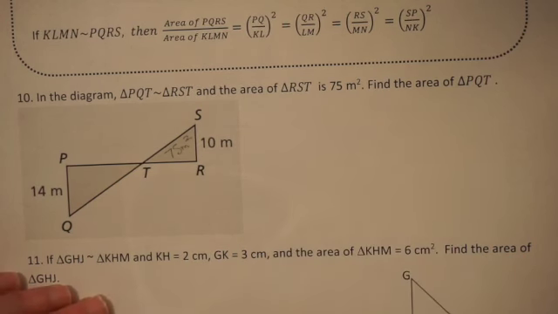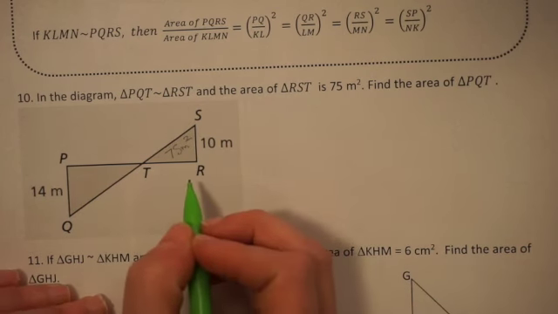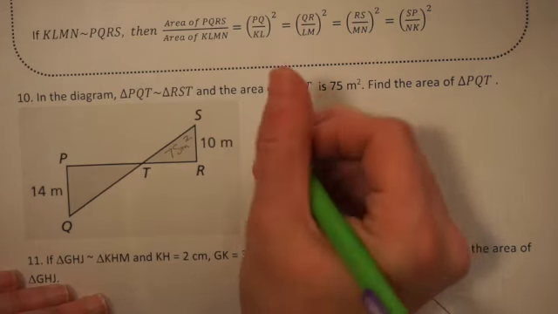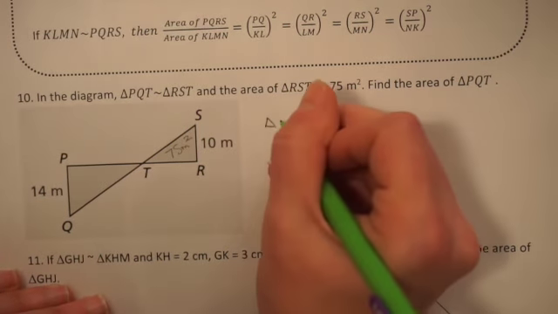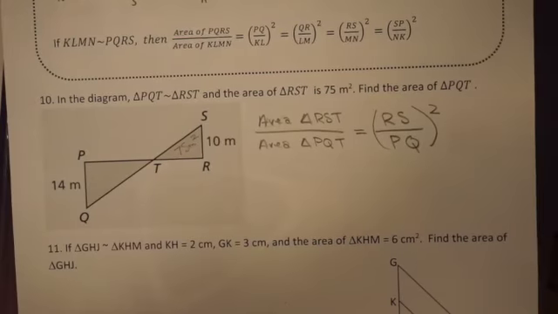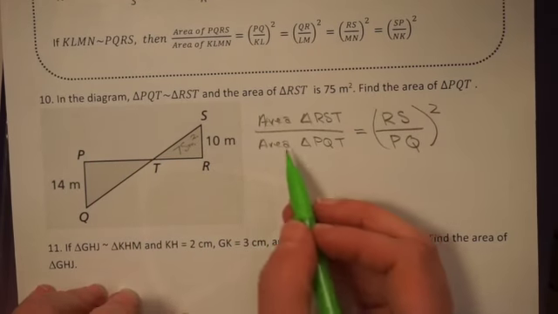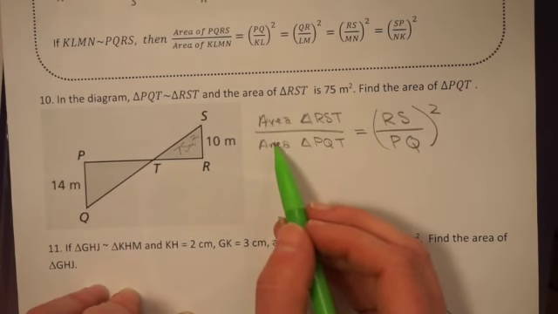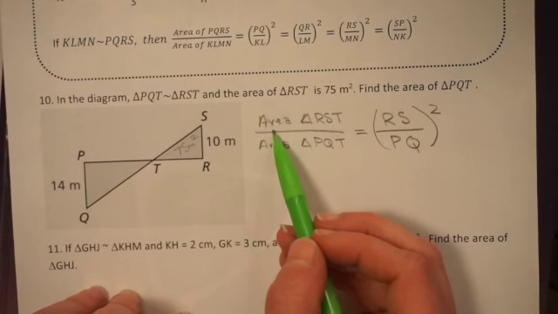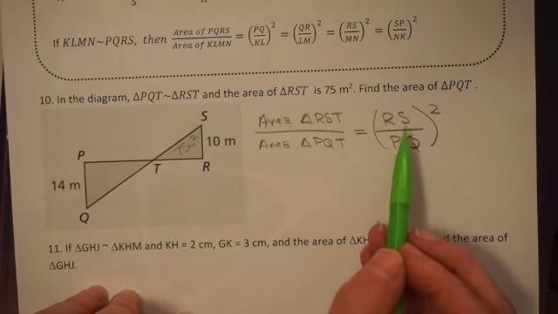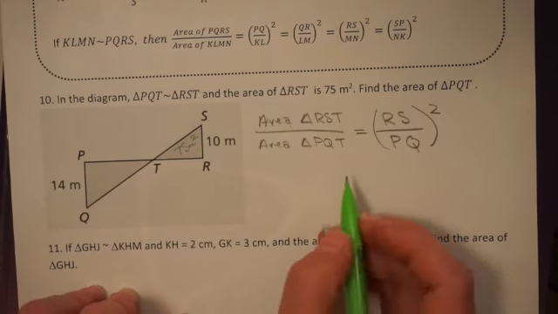When we set this up, all we need to do now is substitute the numbers that we know for each of our area and our side length. So let's go ahead and do that.